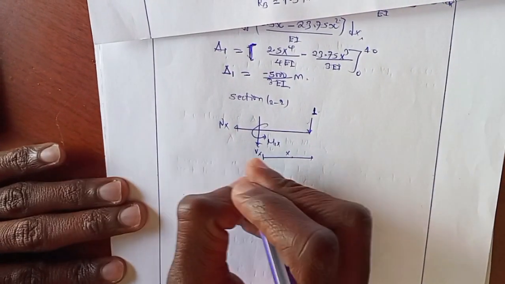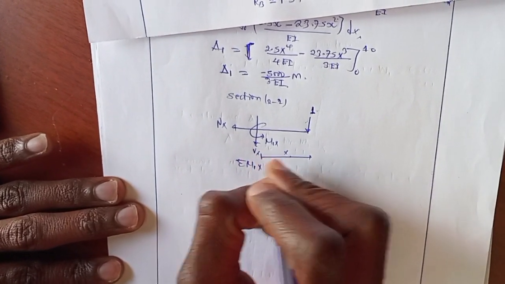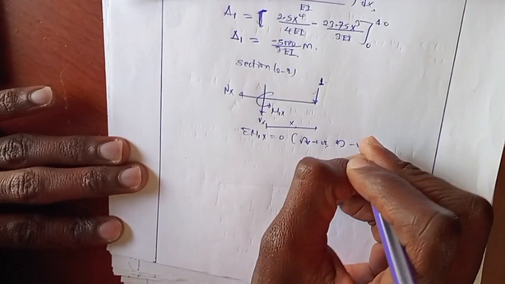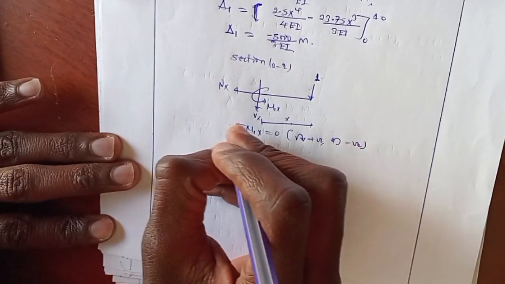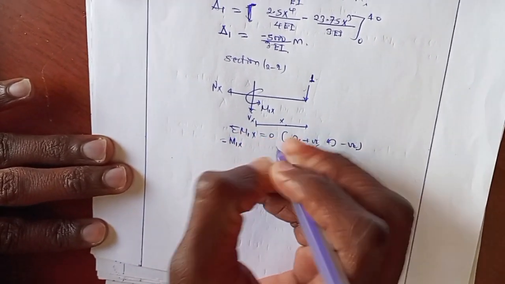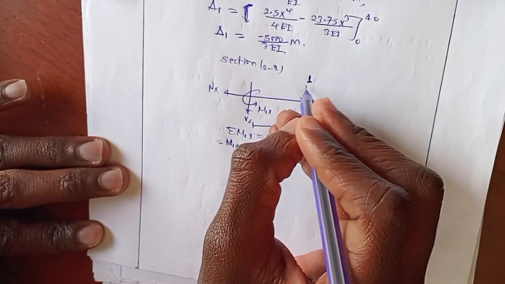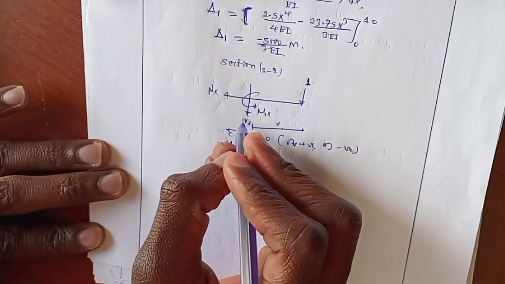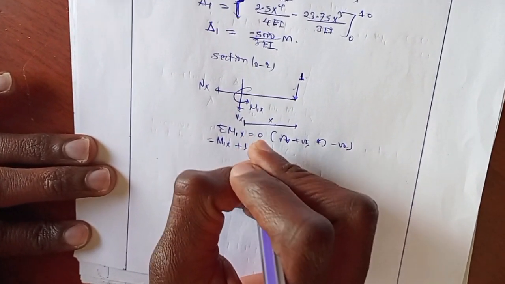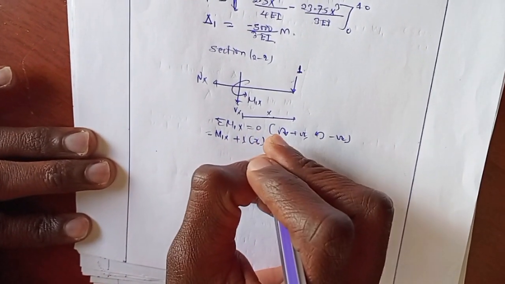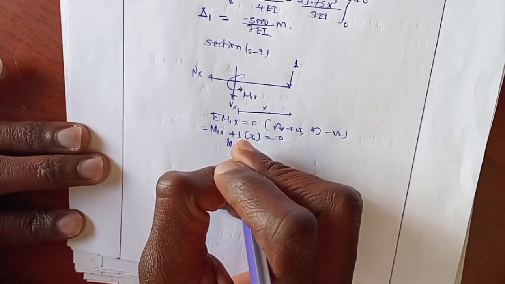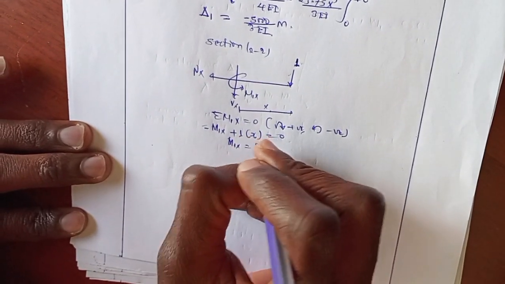Now we take summation of moment at point x is equal to 0. Anti-clockwise direction positive and clockwise direction negative. This moves in anti-clockwise direction, so it will be negative mx. This unit load moves in clockwise direction towards this point, so it will be plus 1 times its perpendicular distance x, so 1 times x is equal to 0. Moment due to unit load for this point will be x.